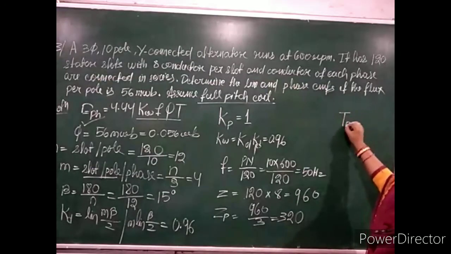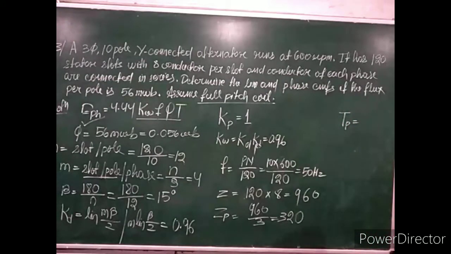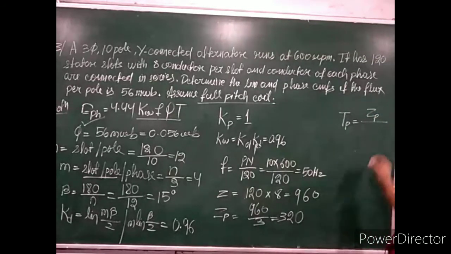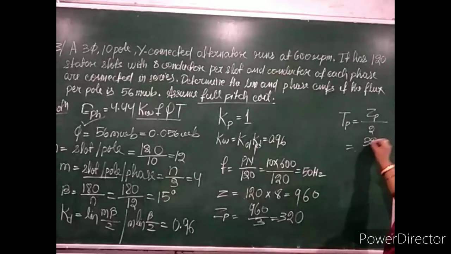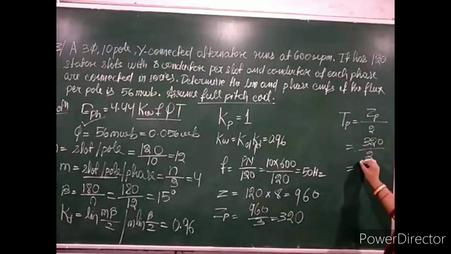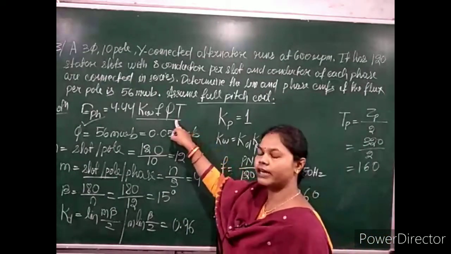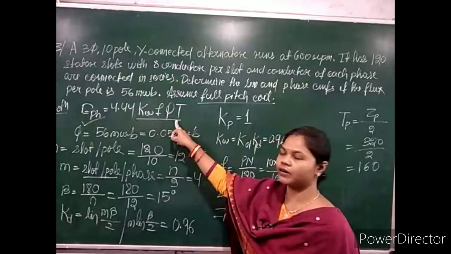Now number of turns per phase is equal to conductors per phase by 2. Conductors per phase by 2 is 320 by 2, which gives 160. Now you put all these parameters in this equation for getting generated EMF per phase.